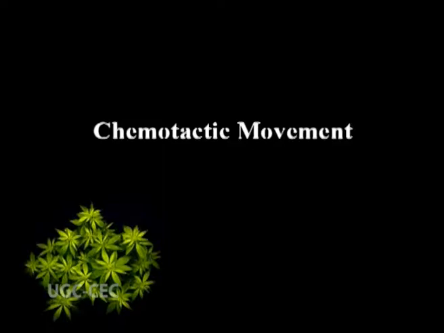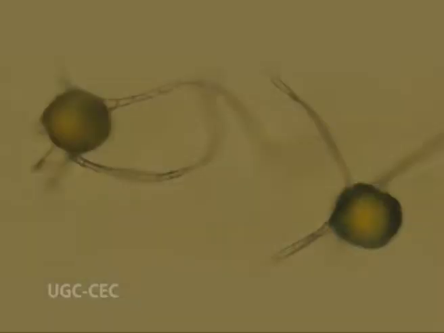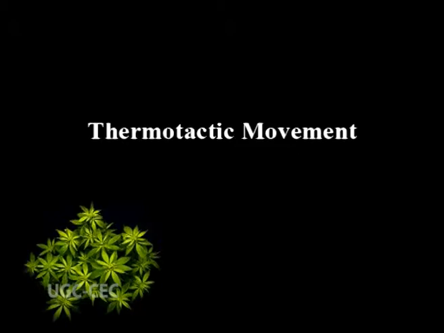Chemotactic movement. The unidirectional movement of locomotion in response to certain chemicals is called chemotactic. The movement of antherozoids of bryophytes and pteridophytes towards the egg is due to chemicals. Thermotactic movement.